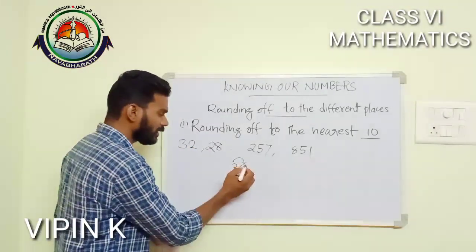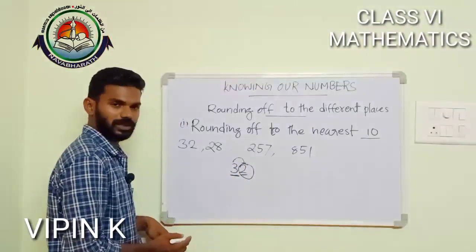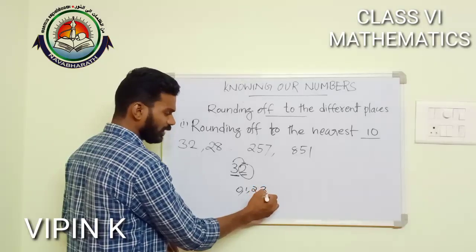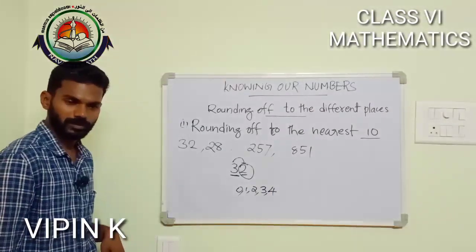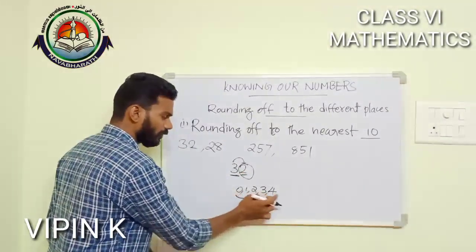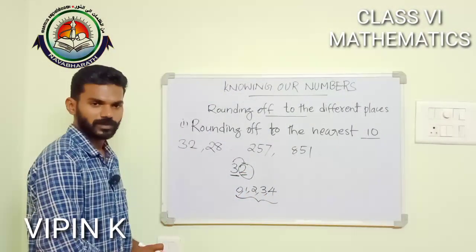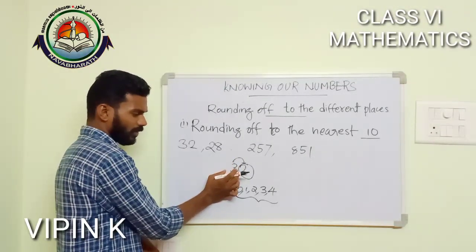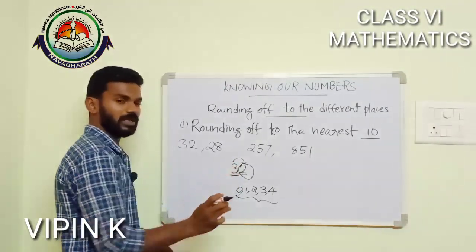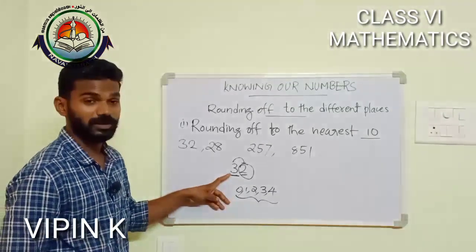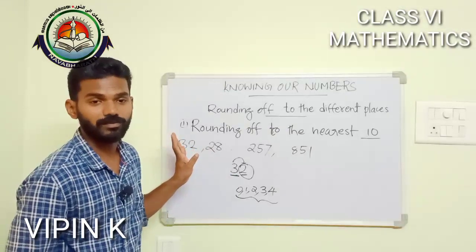If the digit at the next place is 0, 1, 2, 3 or 4, if the digit at the next place is any of these, we can keep this 3 as the same itself.